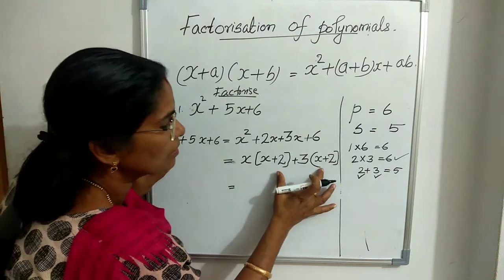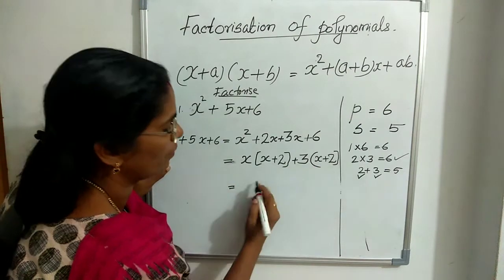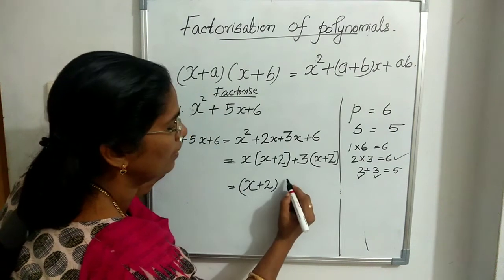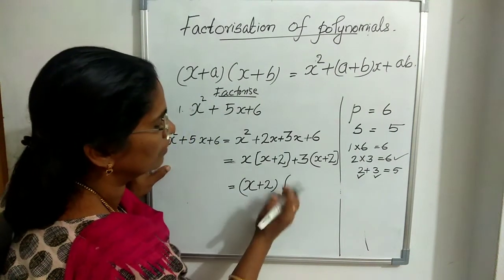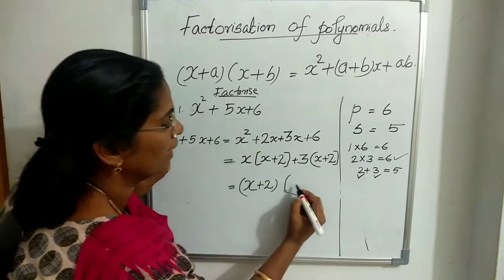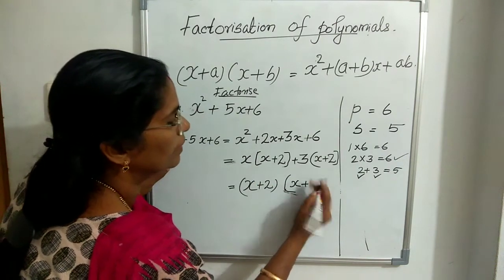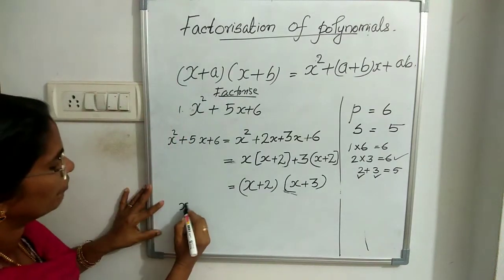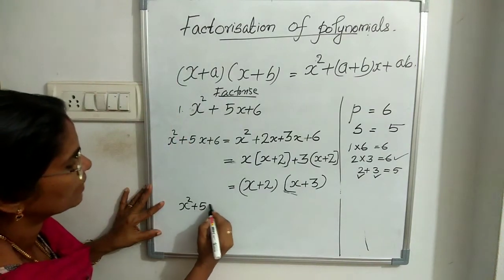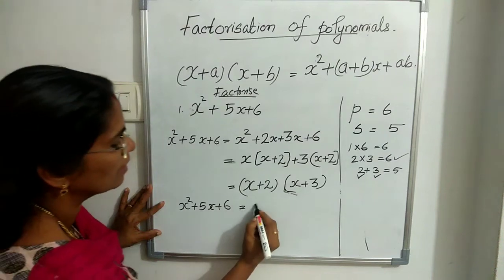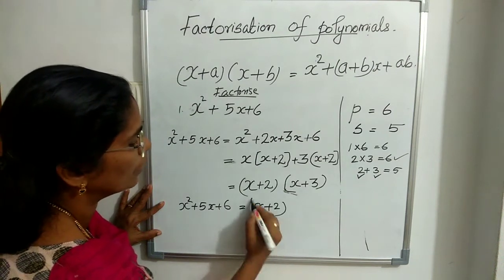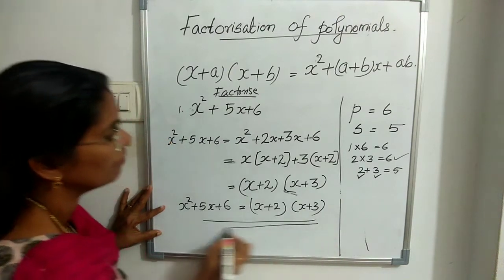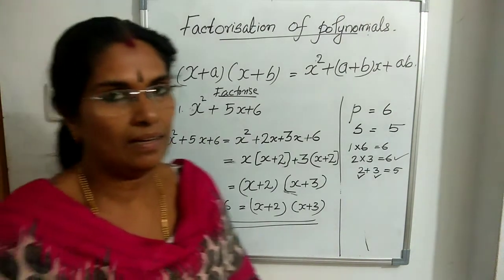Among these, x plus 2 is common. Taking x plus 2 common, the balance is x in the first and plus 3. So we factorize x square plus 5x plus 6 as (x plus 2) into (x plus 3). This is the factorization you learned last year.